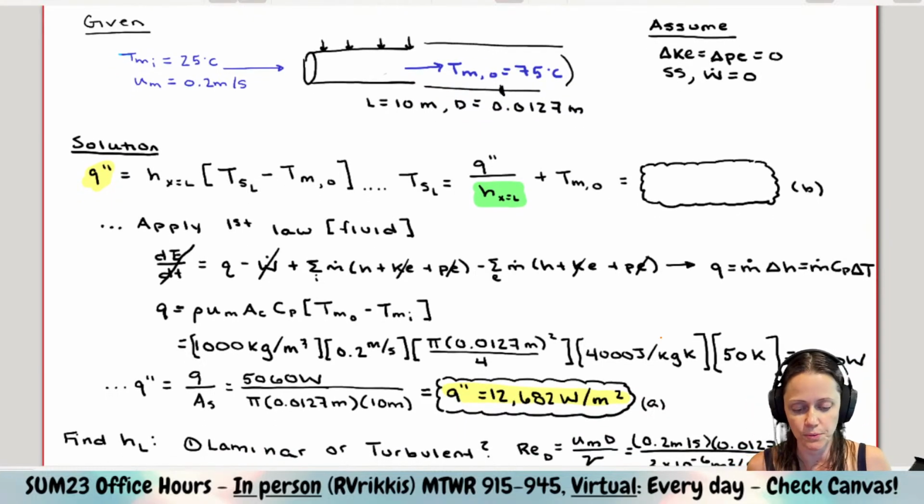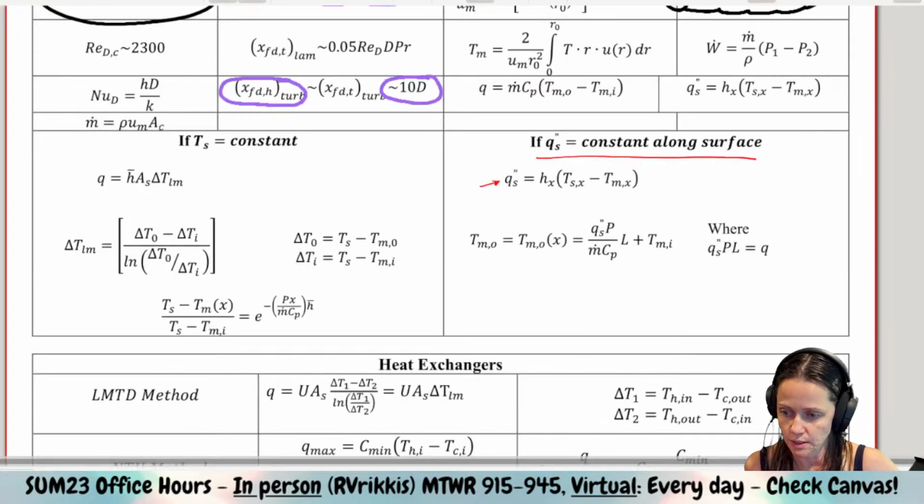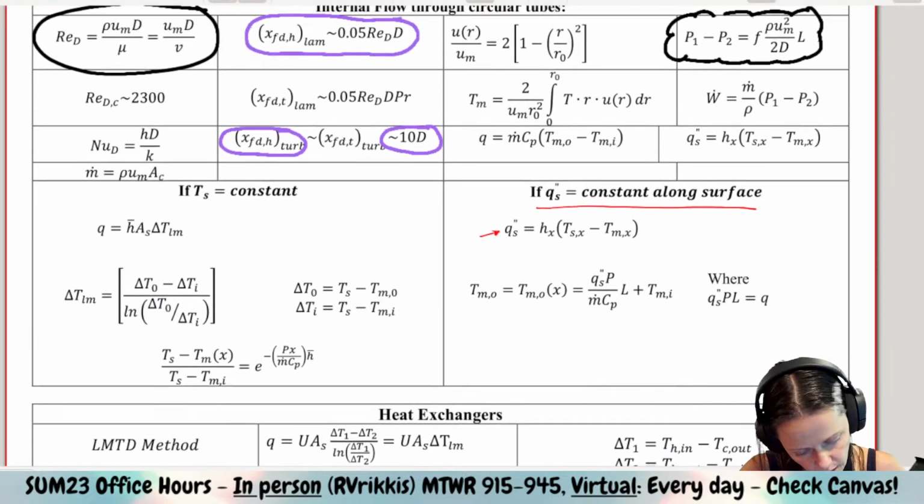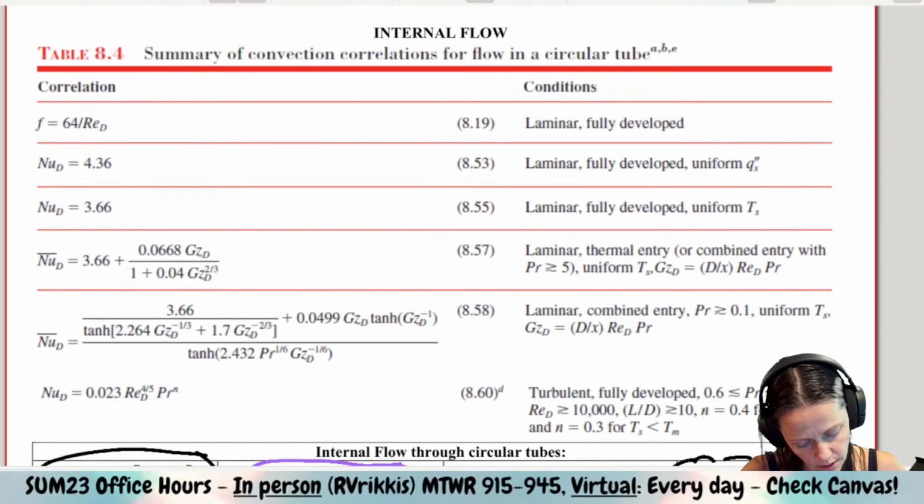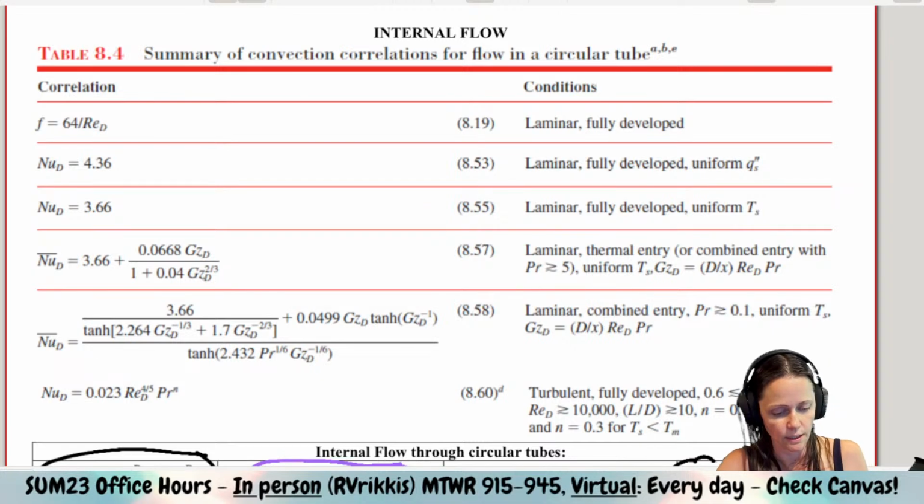In fact, let me pull up our equation sheet here. There we go. So any of these, if it's a local Nusselt number, as long as you're calculating local Nusselt number in that fully developed region, then great.